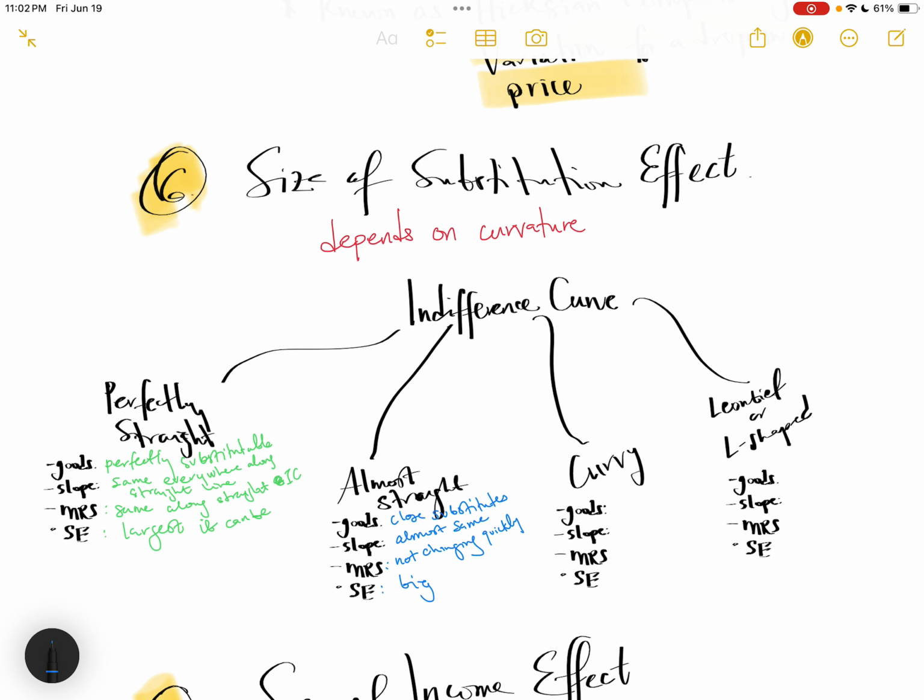For a curvy indifference curve, the goods are close complements. You can almost see where this is going.